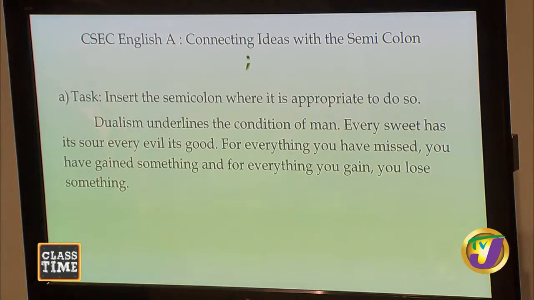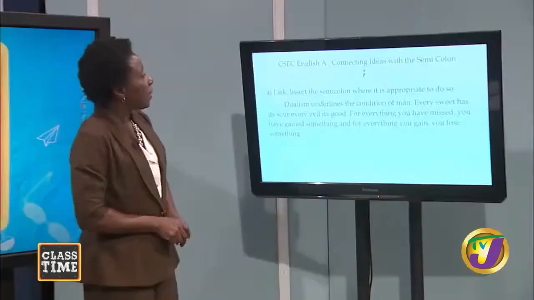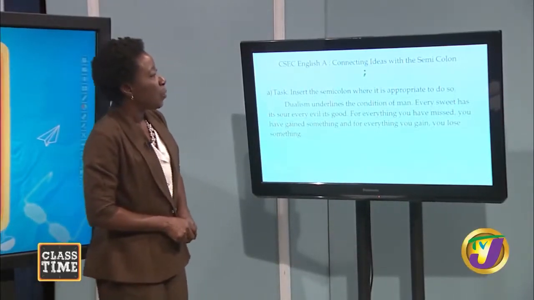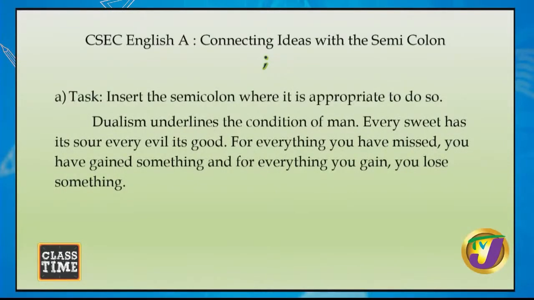Every sweet has its sour, every evil its good. For everything you have missed, you have gained something, and for everything you gain, you lose something. All right then? So let us study it together and see where you see that there's an independent thought that needs to be marked off with a semicolon.